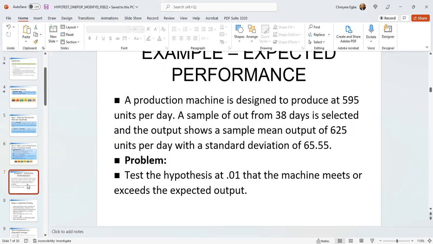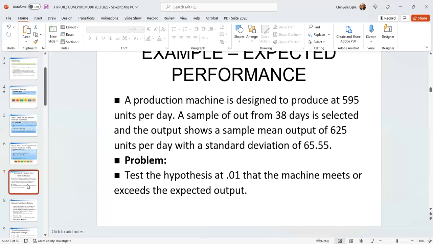In this example, we got an average of 625, and we have a standard deviation. We test the hypothesis at the 0.01 level of significance that the machine meets or exceeds the expected output.